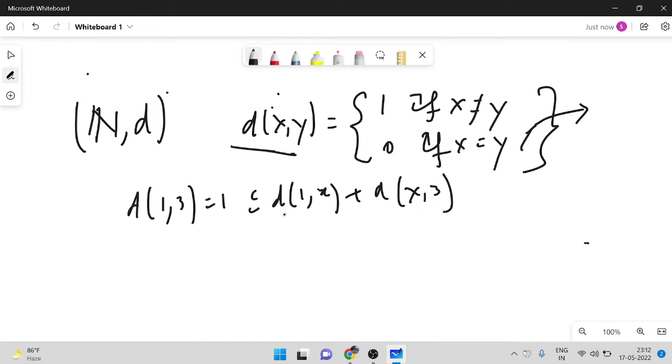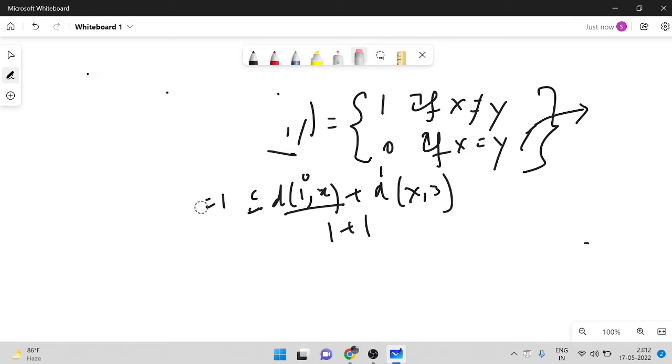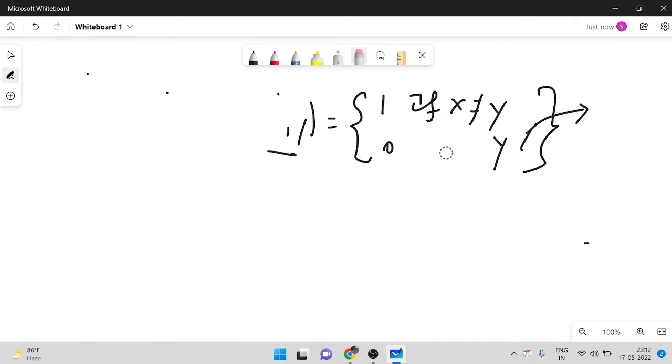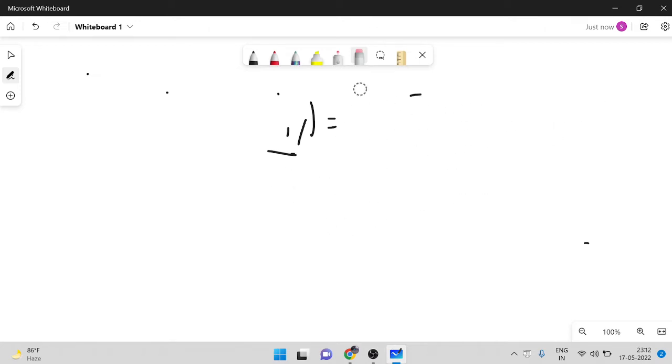If x is not equal to 1 or 3, this is 1 plus 1, so it's greater than 1, so it's satisfied. If x is 1, this is 0 and this is 1, so equality holds. x cannot be both 1 and 3 at the same time. So this is a valid notion of distance in a metric space. This is called a discrete metric space, which you apply in many of your neural network algorithms later on.